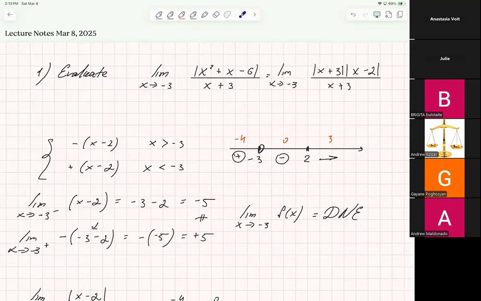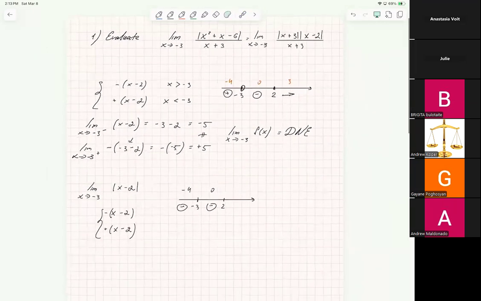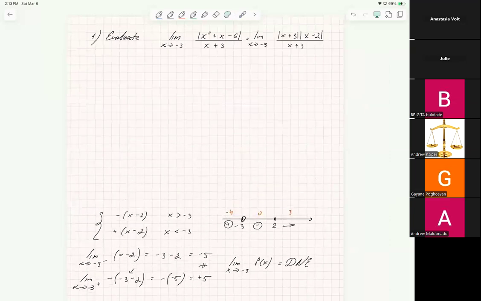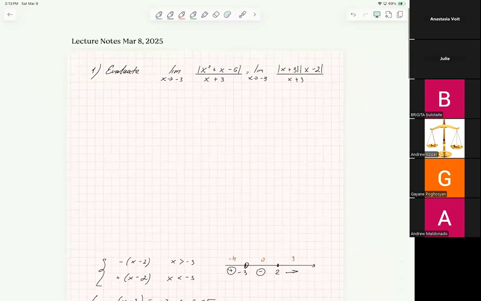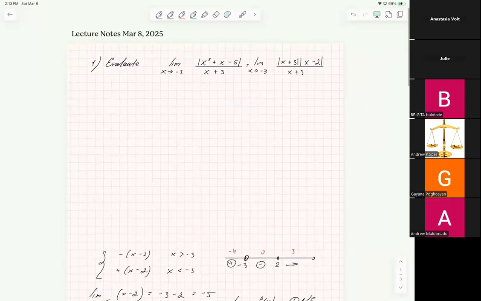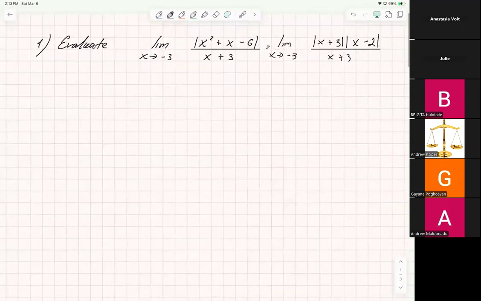Before we do any simplification, let me move that down a bit. So this is our original function.